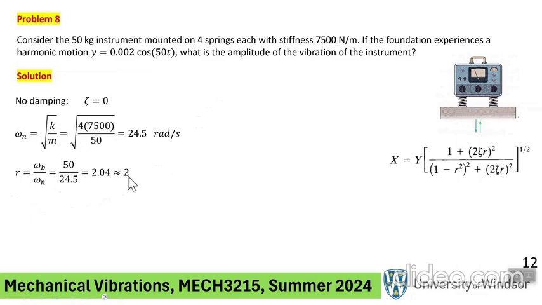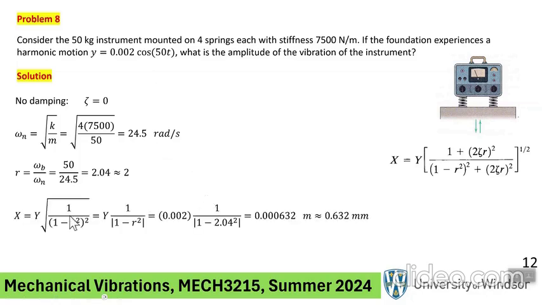Now notice that this frequency ratio is bigger than root 2. And if you go back to the graph that we had for the vibration base excitation, if the frequency ratio was bigger than root 2, the amplitude of the mass oscillating is less than the original amplitude of the base.